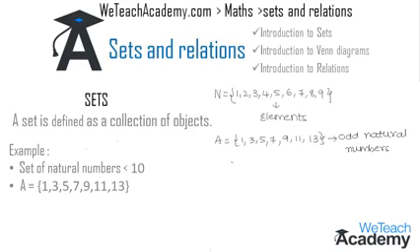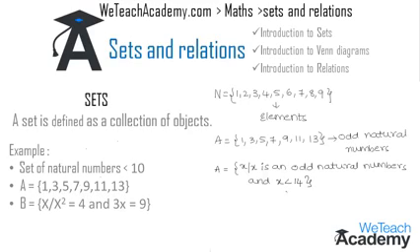In set builder form, we describe a set by some property common to all its elements. We denote the letter X to represent every element of the set, and we can write the set as X such that X is an odd natural number and X is less than 14.